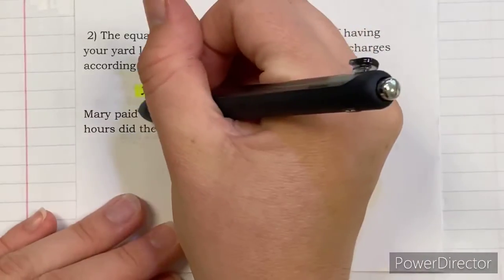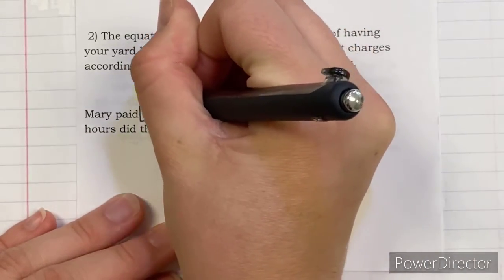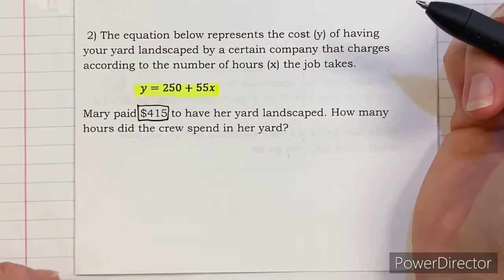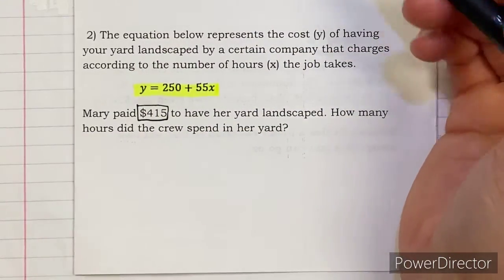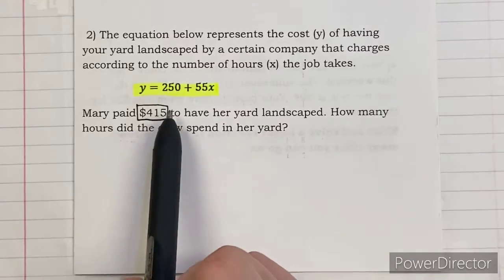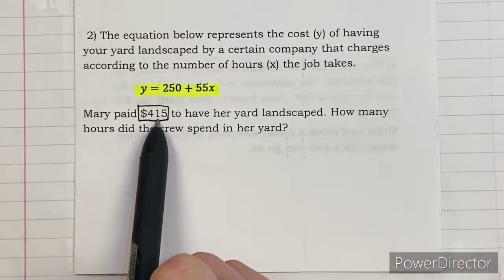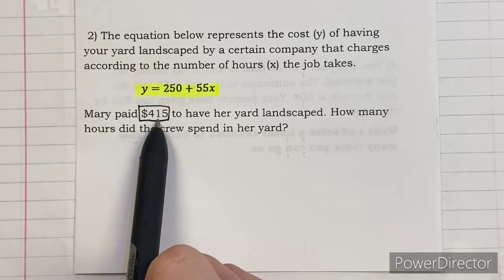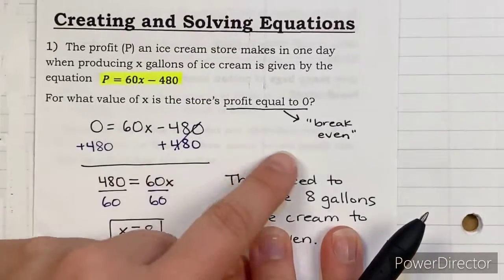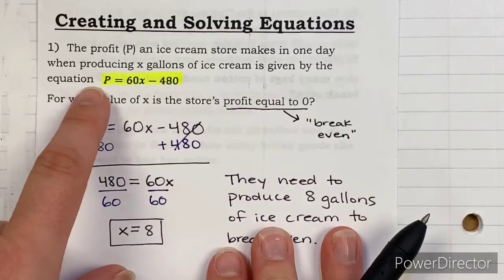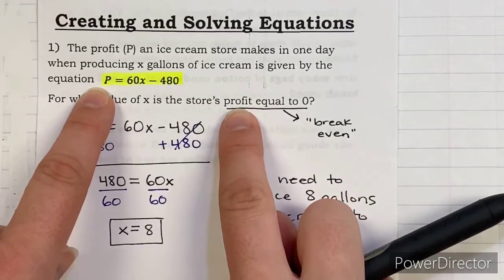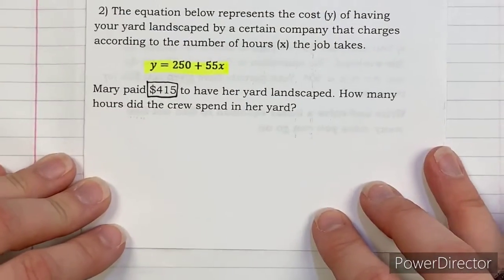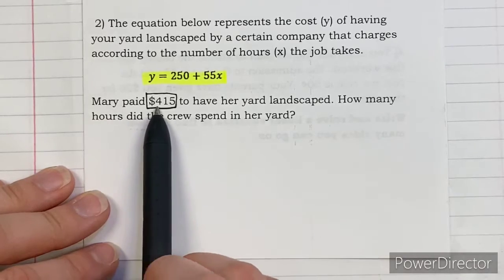So we're obviously going to use this 415 because it's a number, and remember this is math class. What we need to decide on now is what do I do with this number? Most of the time we're going to take this number and substitute it in somewhere, just like we did on this one. We took the 0 and substituted it in for profit because that's what it told us it was. So down here we have she paid $415.